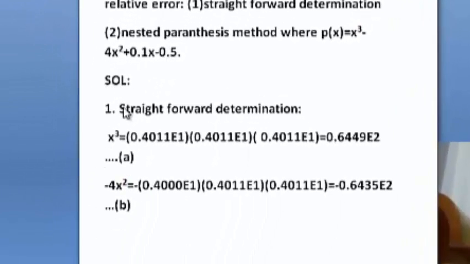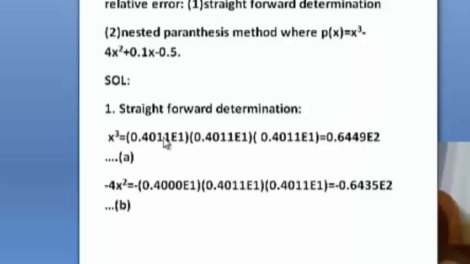First of all, using straightforward determination, we will calculate the individual values of x cube, 4x square, 0.1x and 0.5. Calculating x cube using the given x, multiplying 0.4011 E1 three times, we get 0.6449 E2.